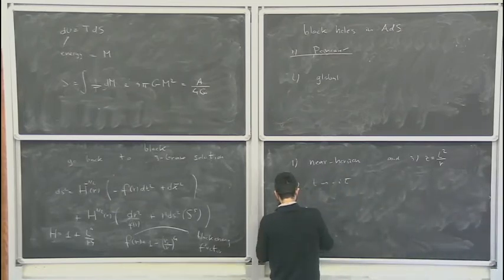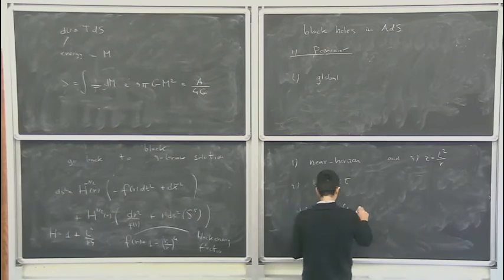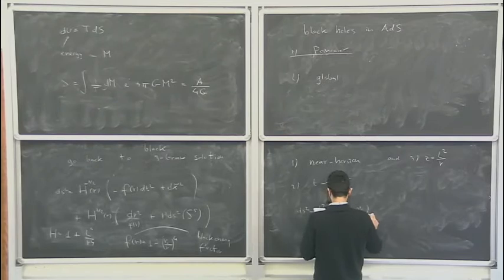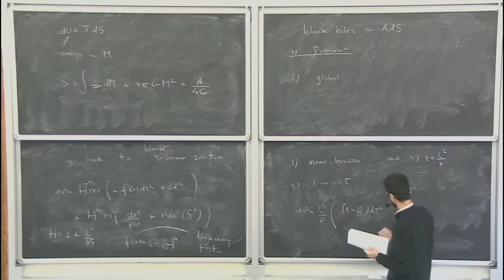So then the metric looks like the following. Notice the plus here because of the Euclidean rotation.